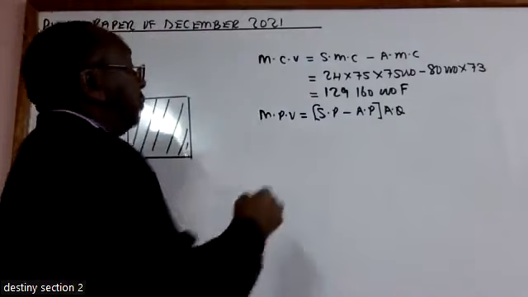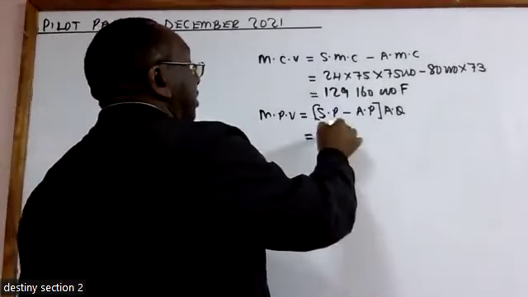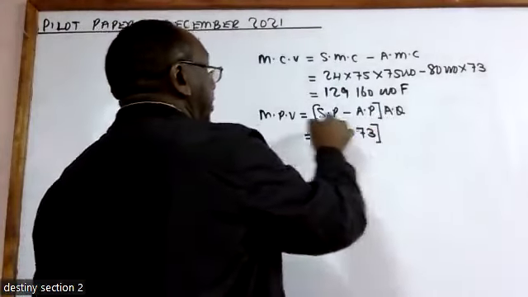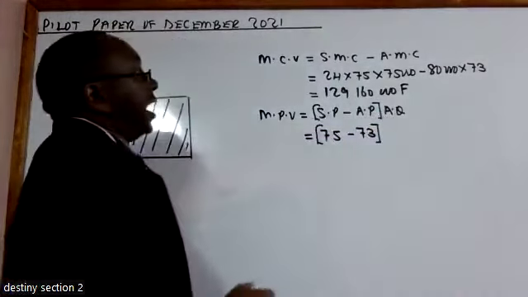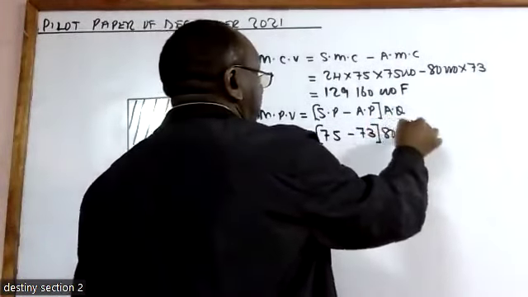Now we are told that the standard price was supposed to be 75, but they actually got it at 73. The actual quantity of materials that was used was 80,000.